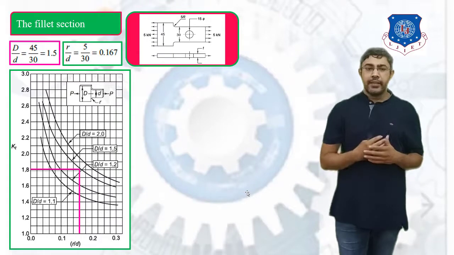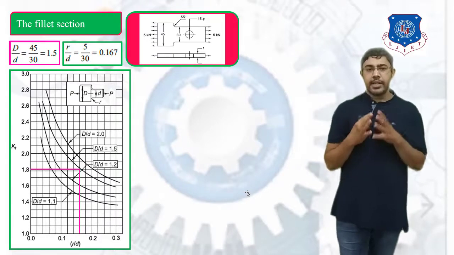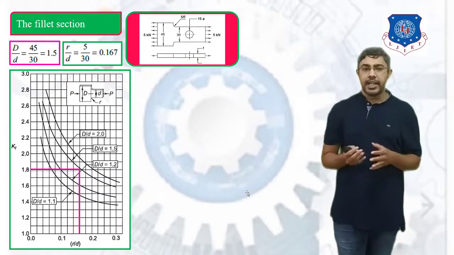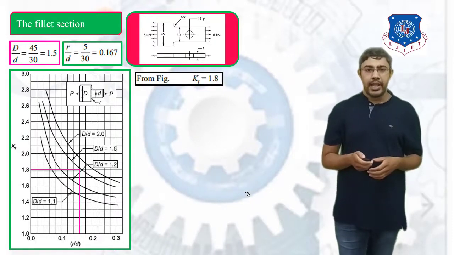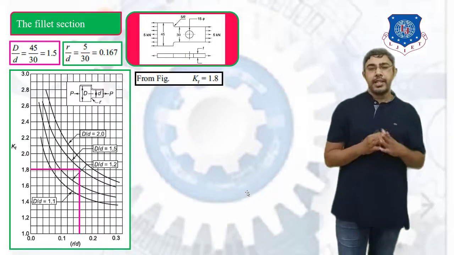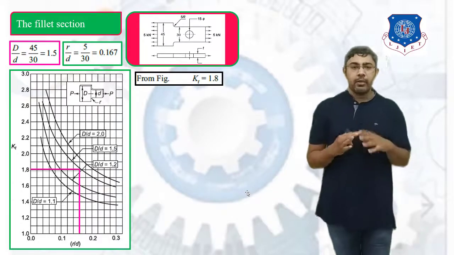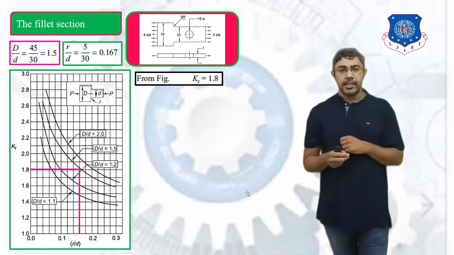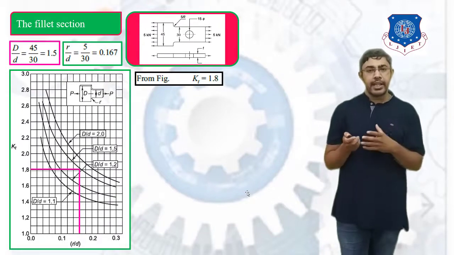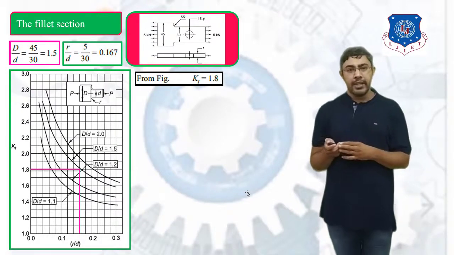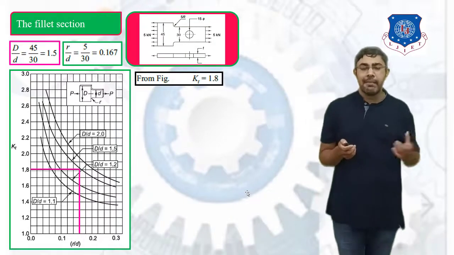From the figure we can say that the stress concentration factor Kt from this chart is 1.8. So the value of Kt is 1.8 according to the stress concentration chart. Now we have Kt equal to 1.8, and we also have sigma 0.